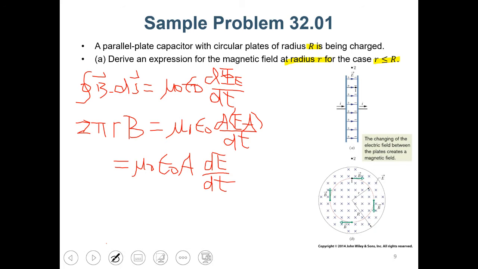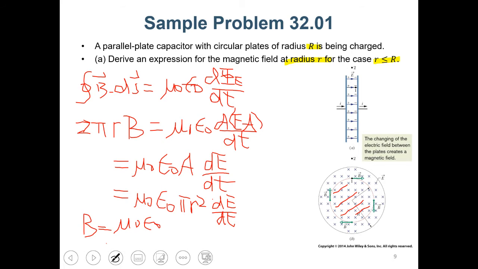And A is nothing but pi r squared, because we only consider the area here. So it is mu naught epsilon naught pi r squared dE dt. So pi and pi can be cancelled, and one of the r can also be cancelled. And it turns out to be B equals mu naught epsilon naught r over 2, times dE dt.